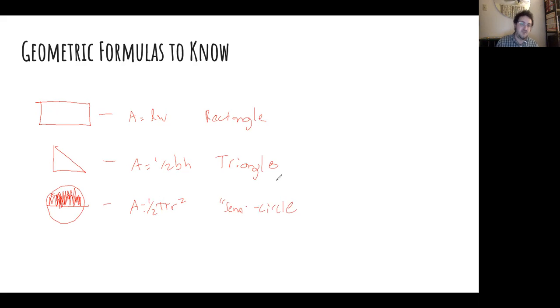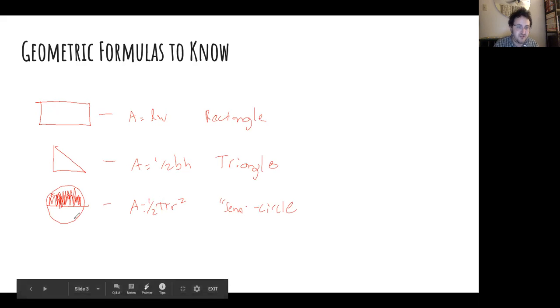So these are some common geometric formulas that you'll need to know. And also the trapezoid, as we've discussed before: area equals 1/2 times (B1 plus B2) times H. So that is all the geometry that you need to know.